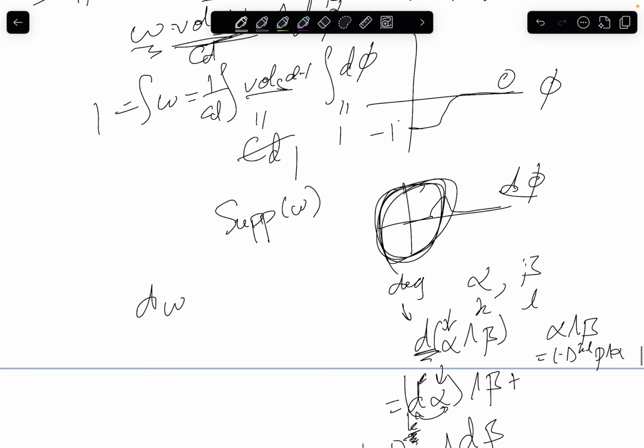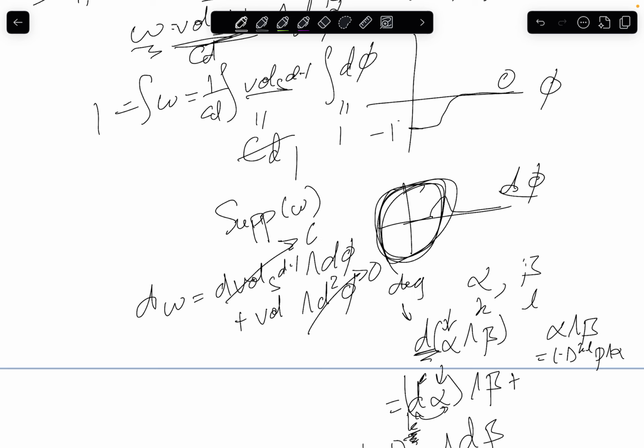So if you compute this, then d omega is equal to d of the volume form of the D minus 1 sphere wedge d phi plus the volume form wedge d squared phi. This is always equal to 0. This is also equal to 0.